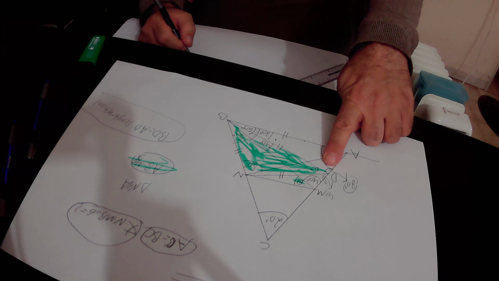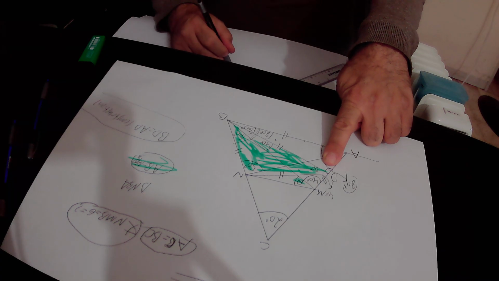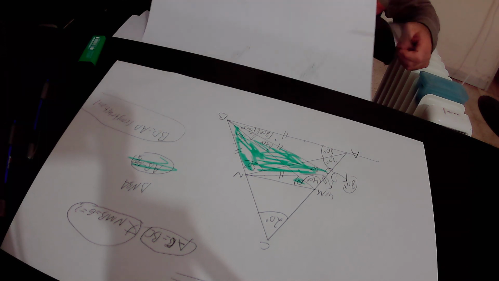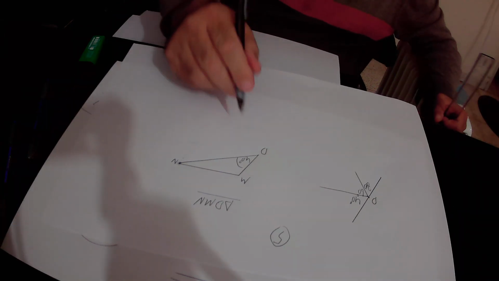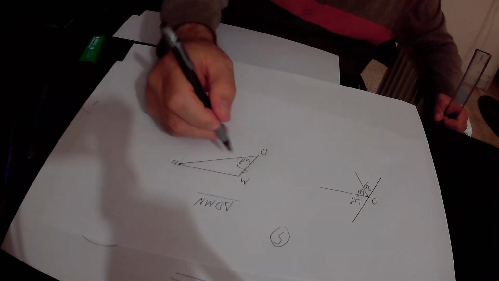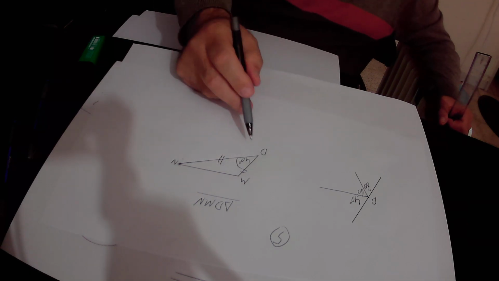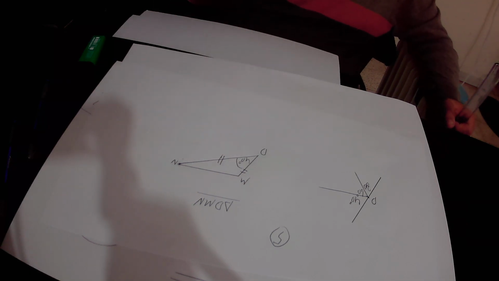We found out that this angle MDN equals 40 degrees. But we also found out that DM equals DN. This angle MDN equals 40 degrees.